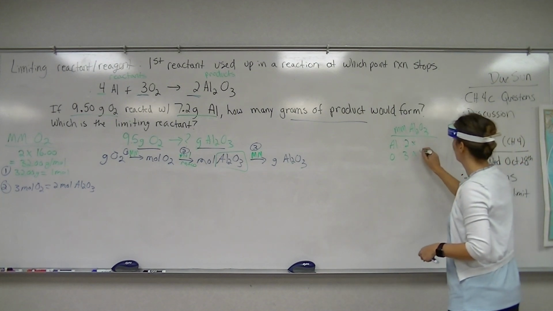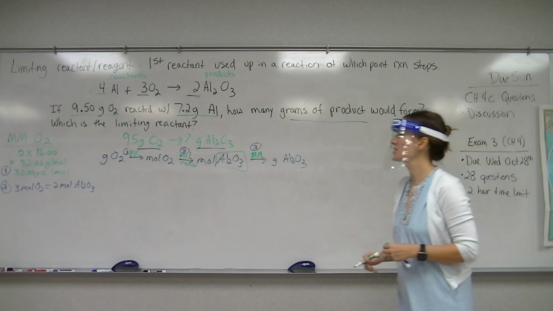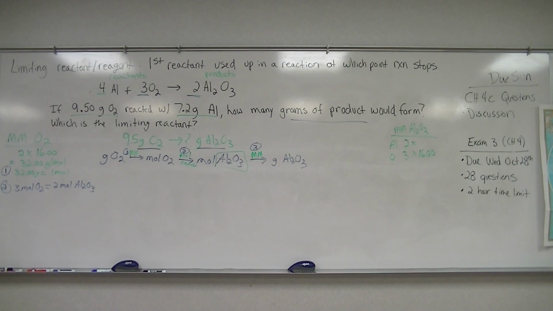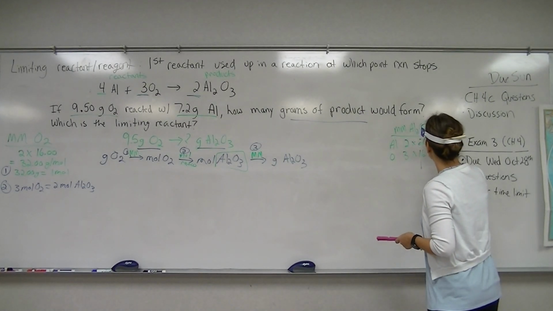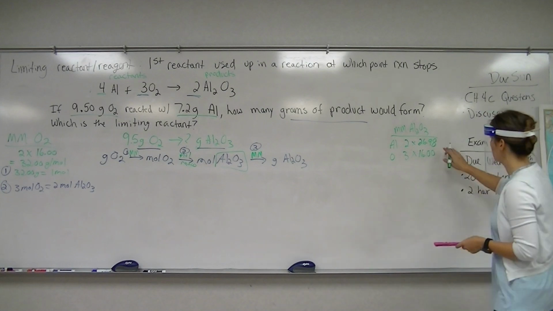Looking up on the periodic table their molar masses. I know oxygen's 16. I don't know aluminum off the top of my head. It says 26.98 on this periodic table. Depending upon the periodic table you're looking at, they sometimes round and sometimes don't. This one in the classroom does not, so 26.98.